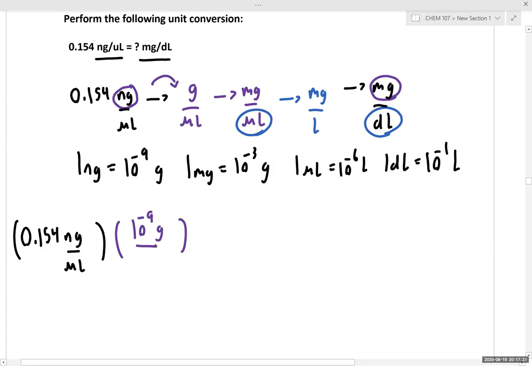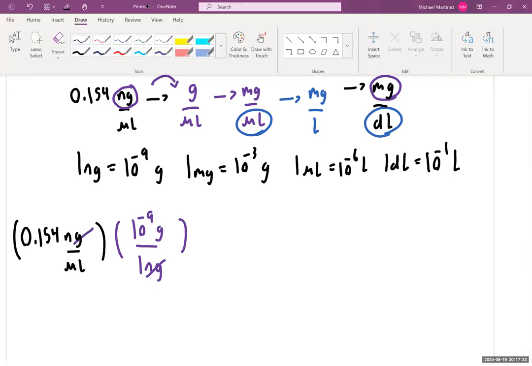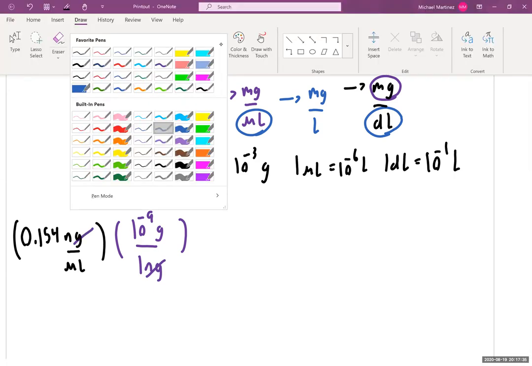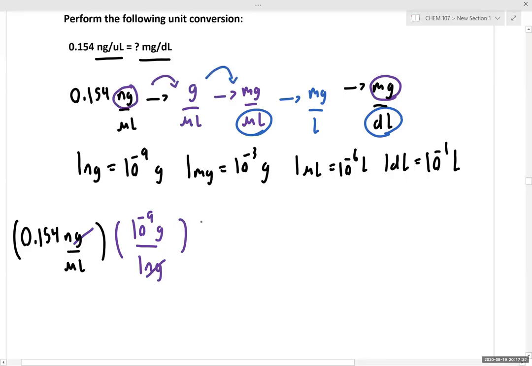So we have 10 to the negative 9th grams per 1 nanogram. Nanograms cancel. For our second step, we're going to go from grams to milligrams. So in this case, we know in 1 milligram, we need milligrams on top because that's what we're going to. We have 10 to the negative 3rd gram.